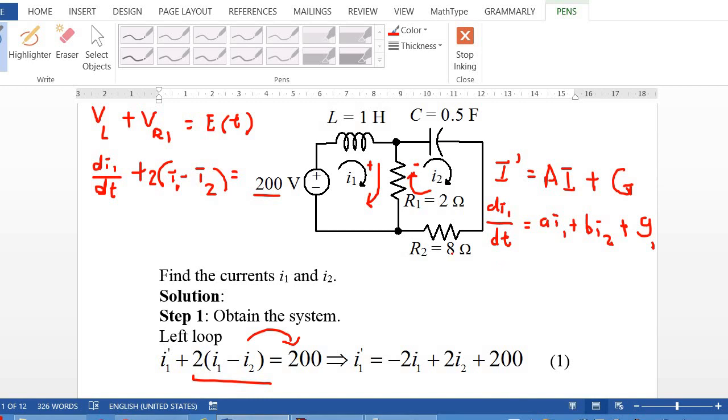From the right loop, we would like to obtain the second first order differential equation for dI2/dt, let's say C I1 plus D I2 plus G2.